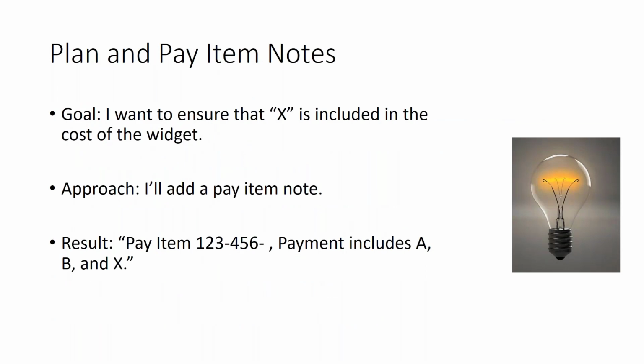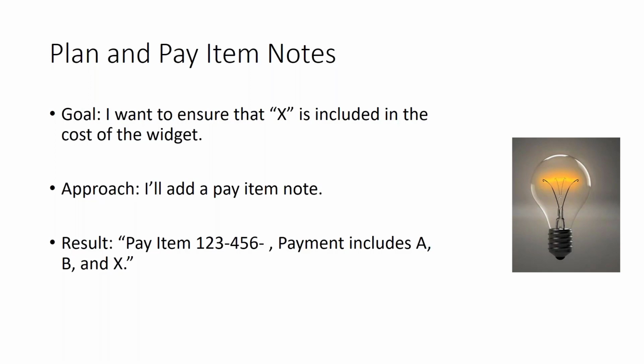Plan and pay item notes. Sometimes we'll see somebody that wants to ensure that a particular note is included in the cost of a widget. So they will propose adding a pay item note. Unfortunately, the note often shows up in the plans just as pay item includes A, B, and X, whatever the new item is that we're including in there.